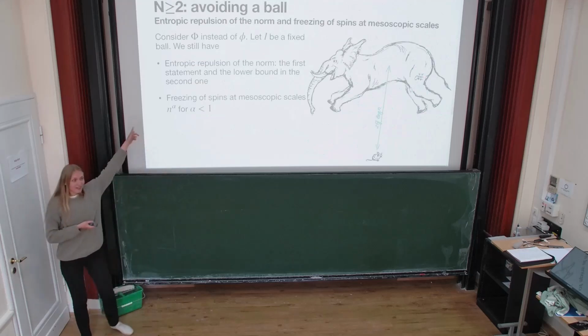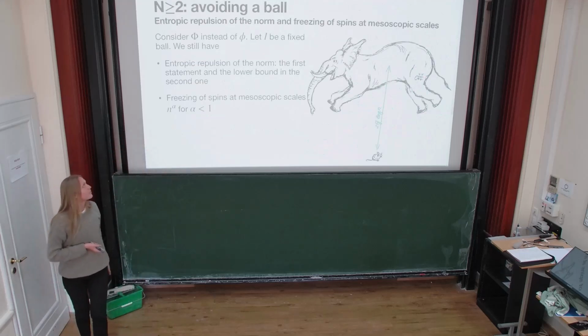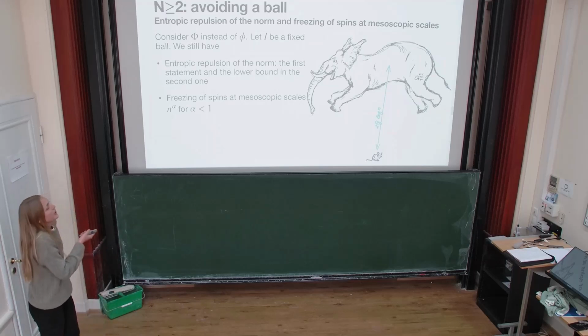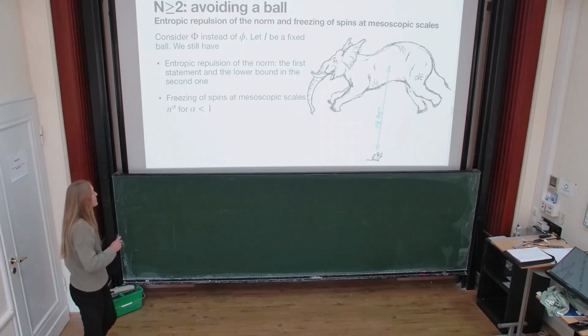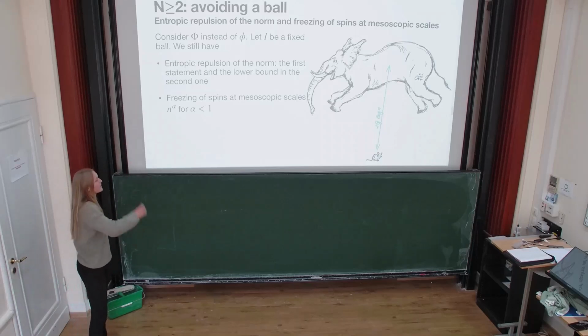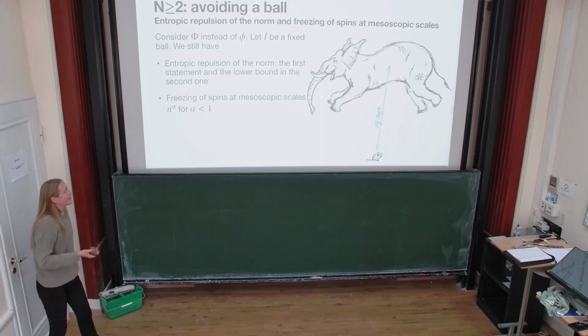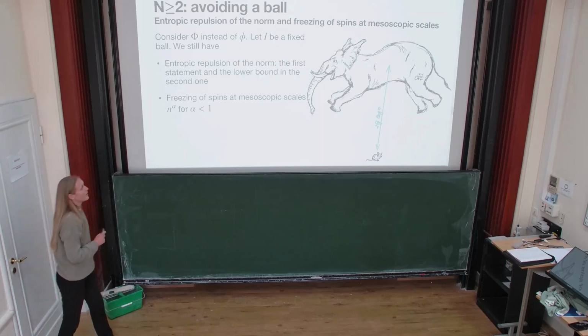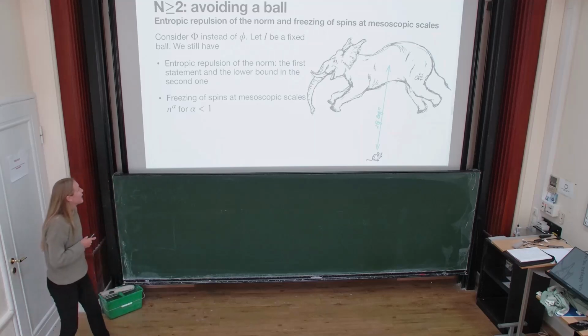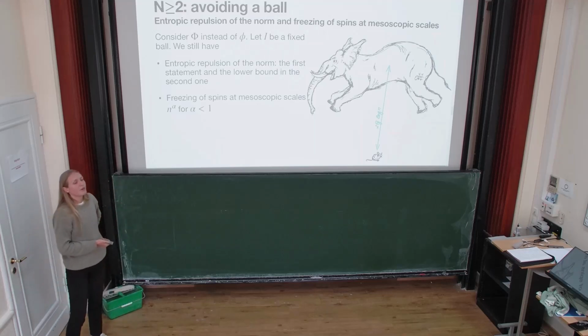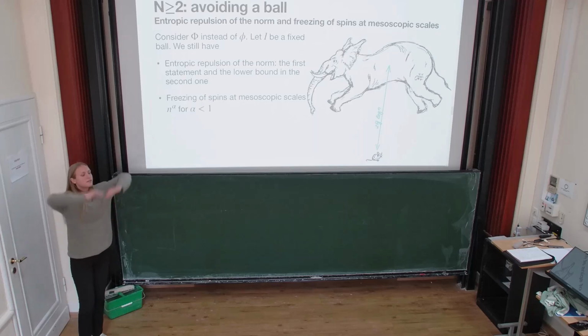Okay, so now n greater or equal than 2, and we are now conditioning on avoiding a ball. So instead of a GFF with one spin dimension, we consider n copies and condition again on the norm to be greater or equal than r within the domain D_n. Then we still have the entropic repulsion, so the field, the norm, still pushes away.